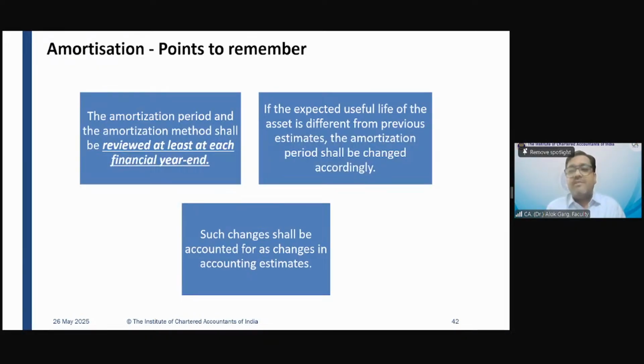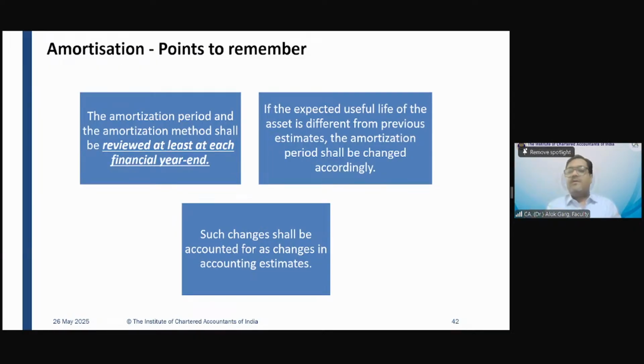The amortization period and amortization method have to be reviewed at least at each financial year end. I told you in PP about residual value, amortization method, amortization period. Likewise in intangible assets also. If the expected useful life is different from the previous estimate, the amortization period shall be changed accordingly.